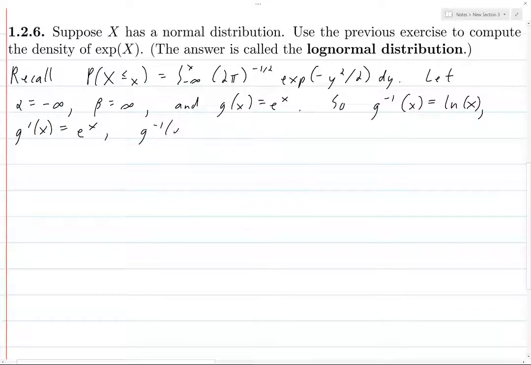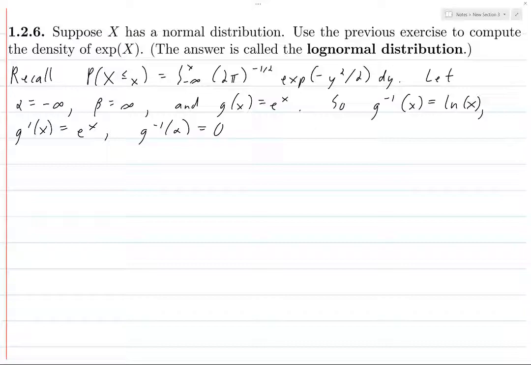So g inverse of alpha, well, I'm just going to write this as 0. Basically, this is not technically true. You can't take the inverse image of minus infinity, but as x goes to 0 from the right, g inverse of x goes to minus infinity.